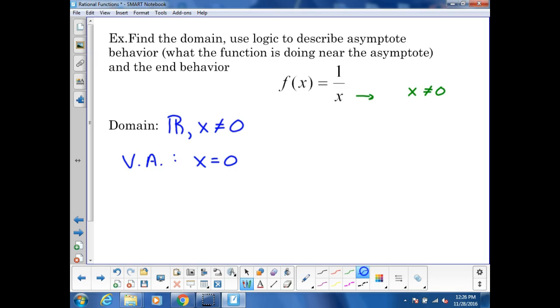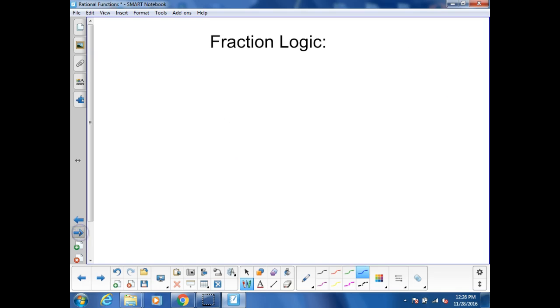Now, in order to figure out asymptotal behavior and end behavior, we're going to need to use logic. You're going to have to think this week. I know. I'm the meanest math teacher you have. Okay? So, let's go through some logic before we come back to that.